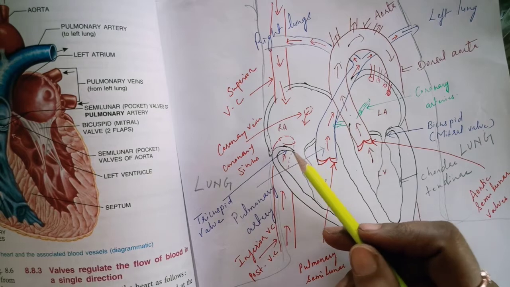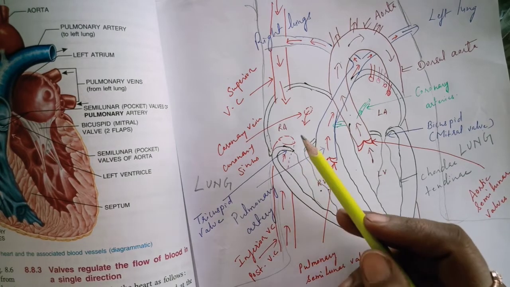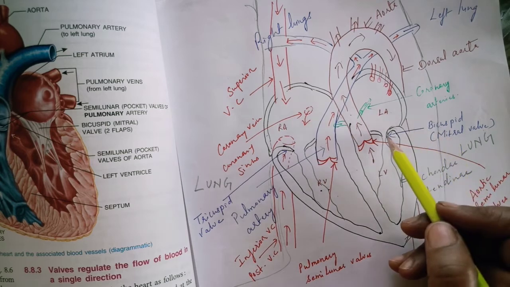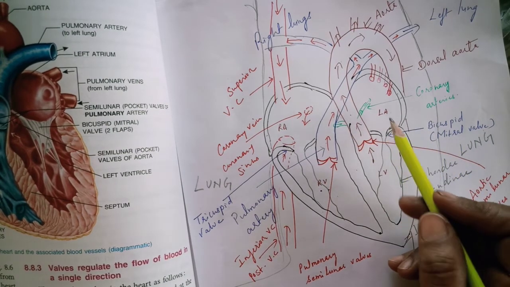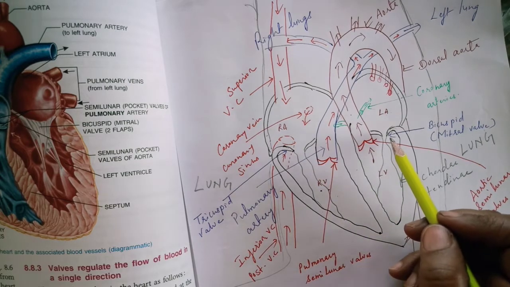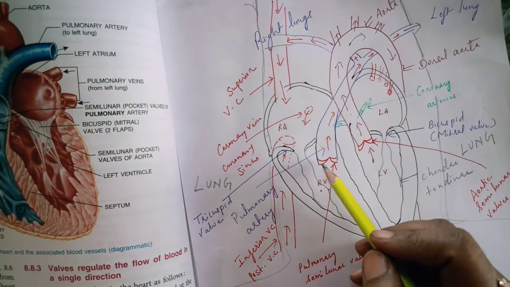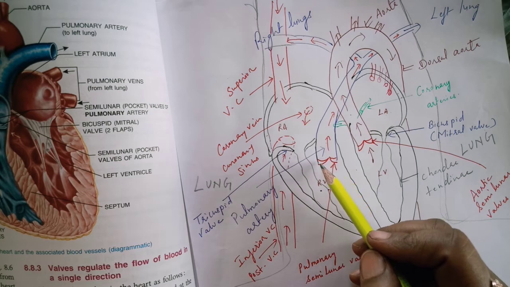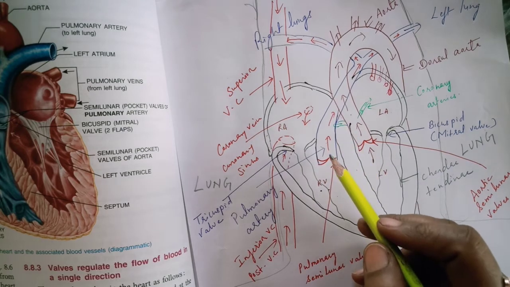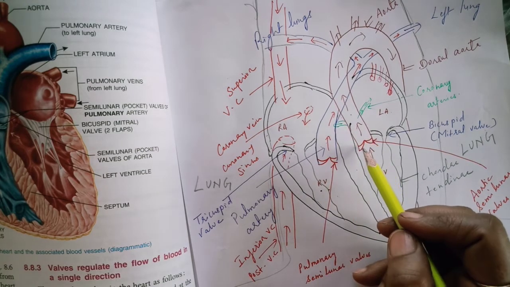The tricuspid valve is also known as the right atrioventricular valve, and the bicuspid valve is also known as the left atrioventricular valve. Apart from these valves, we find certain flap-like or semilunar valve-like structures at the base of the pulmonary artery and aorta also.